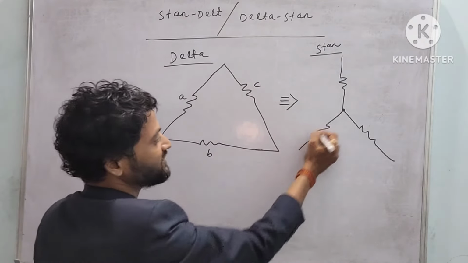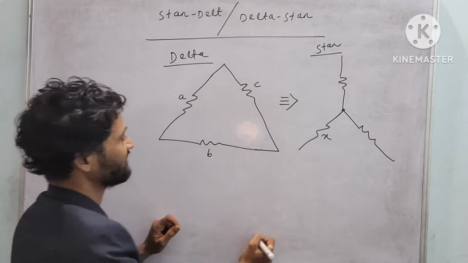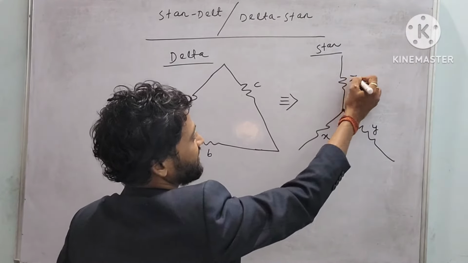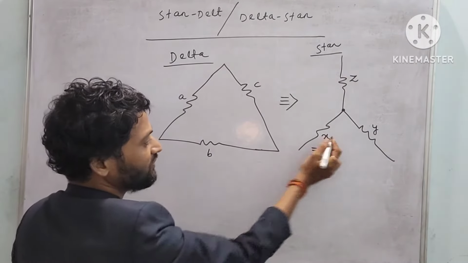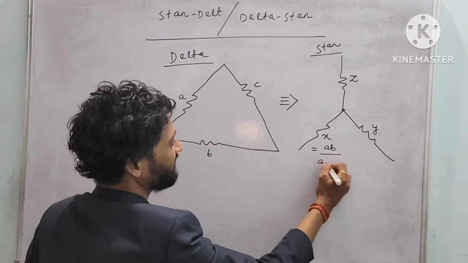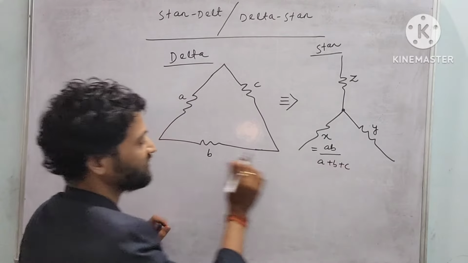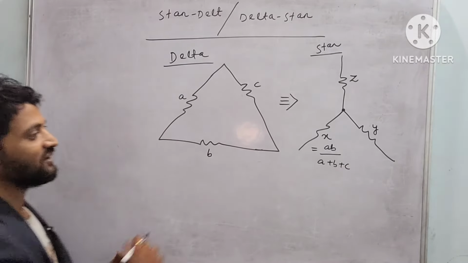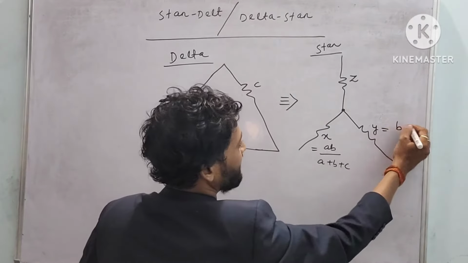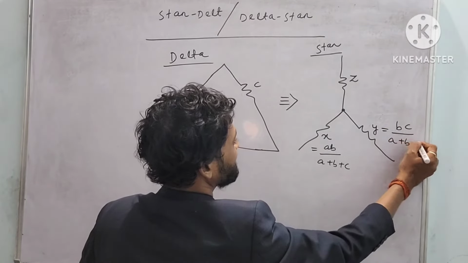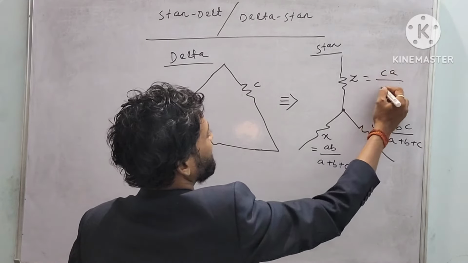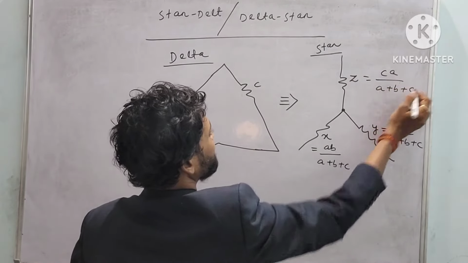This element let it be X, this element Y, and this Z. The value of X will be A into B by A plus B plus C. It is very easy to remember. Similarly, Y will be B into C by A plus B plus C, and Z will be C into A by A plus B plus C.